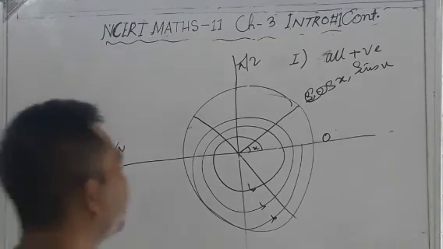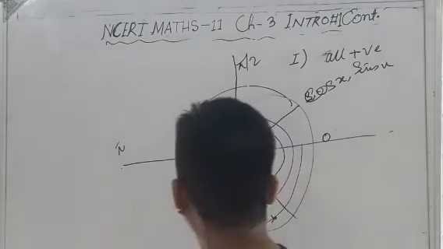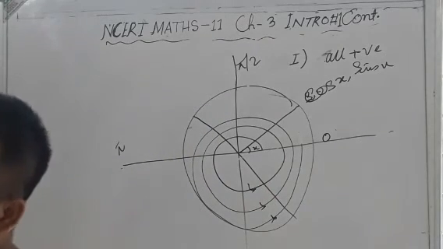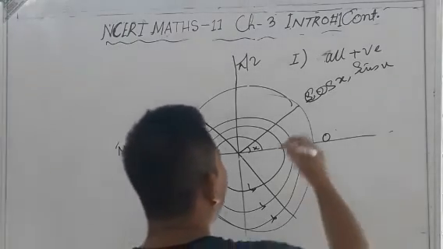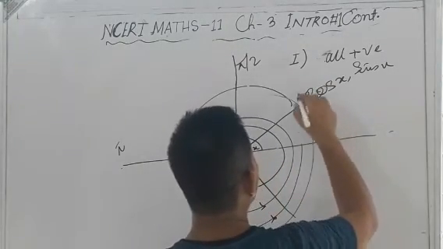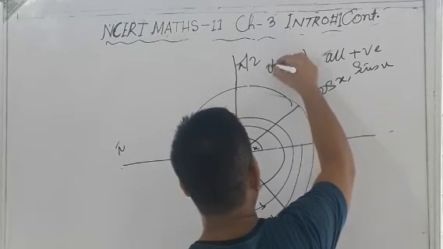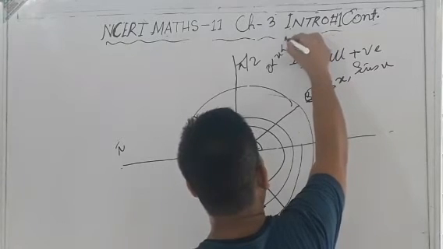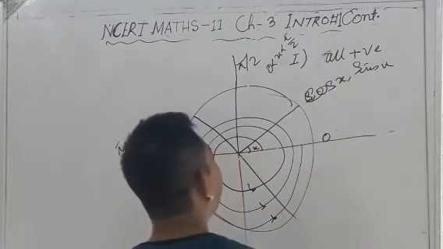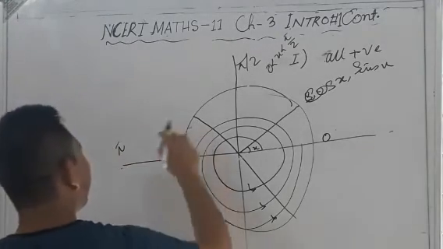That means 0 is less than, I'm writing here, 0 is less than x is less than pi by 2. Okay? So what is the condition here?